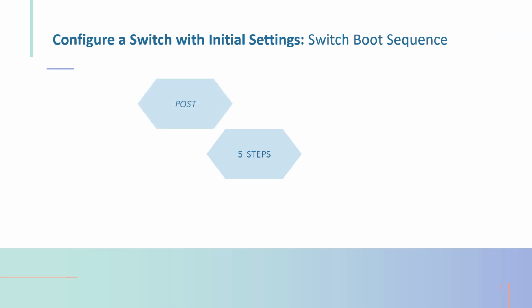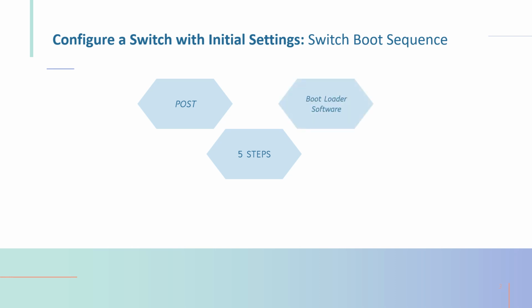The first step is when the switch loads a power-on self-test, known as POST, program stored in ROM memory. POST checks the CPU subsystem. It tests the CPU, DRAM, and the portion of the flash device that makes up the flash file system.